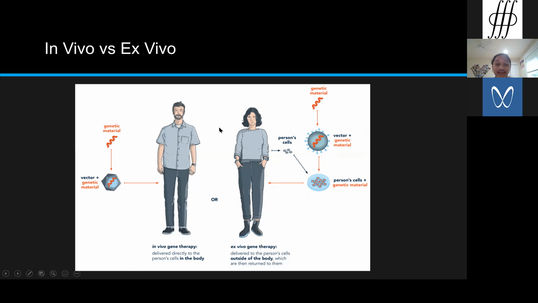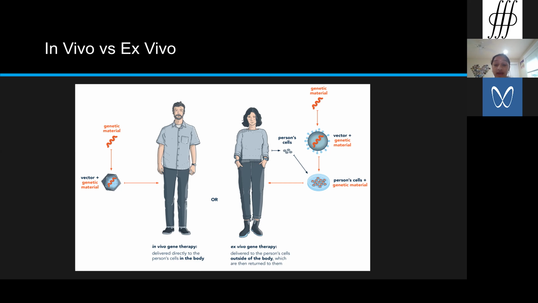Okay, and so basically, there's two ways of transferring genes to the body, right? So there's ex vivo gene therapy and in vivo gene therapy. So in vivo gene therapy is basically the transfer of genes directly to the cells inside the body. And this is done when the individual cells can't be cultured outside of the body, or if reimplantation won't be efficient.